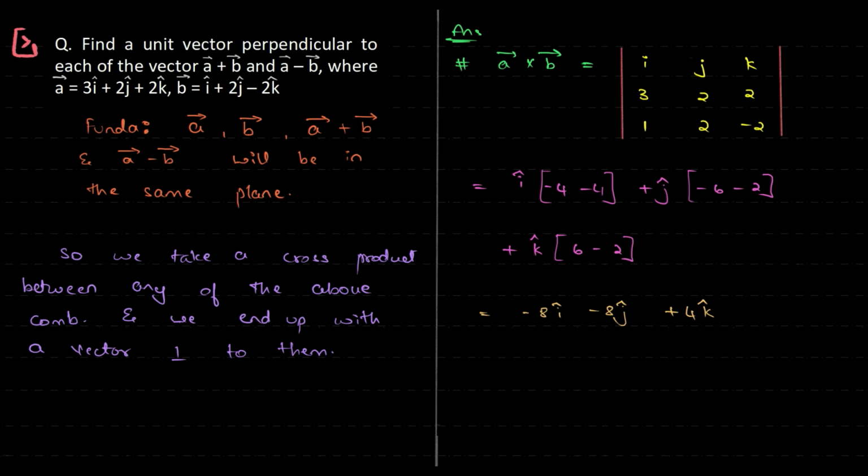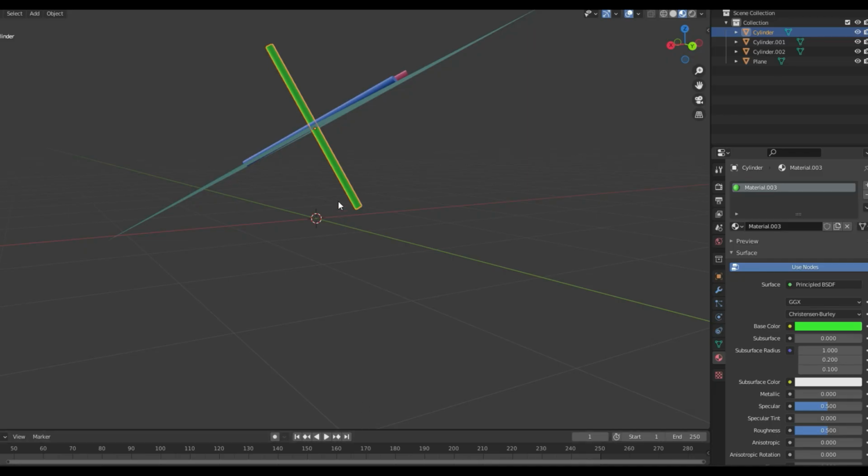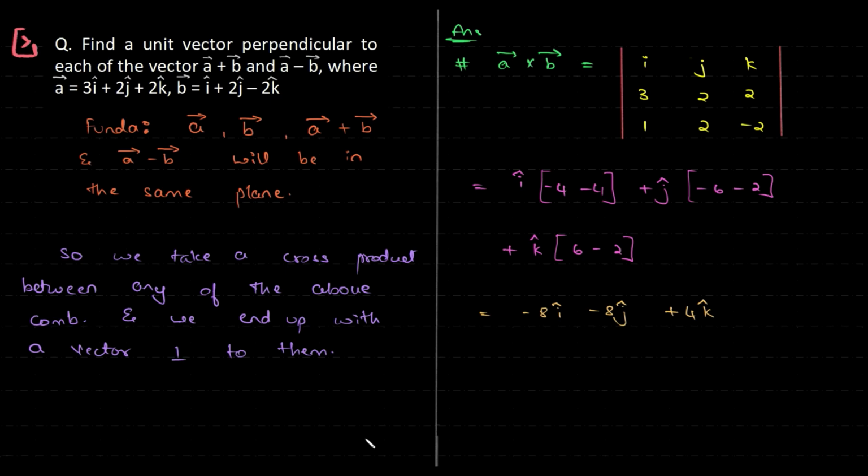So basically we got a vector which might be this or something else altogether. We don't know, but it would be in that direction. The point is we got a line pointing in the required direction. All we need to do is find the unit vector in that direction.